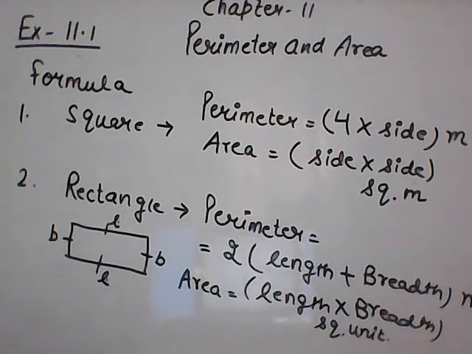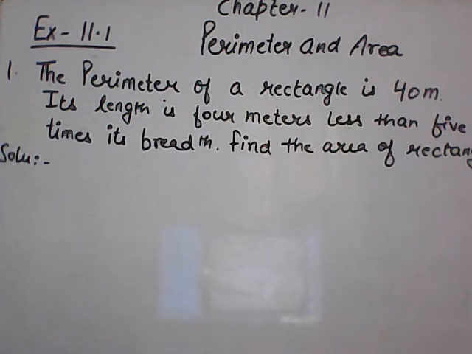Let's start exercise 11.1 with question number 1. In this question, the perimeter of a rectangle is 40 meter. That means perimeter of rectangle is given to you, which is 40 meter. Now we know that the formula of perimeter is 2 into length plus breadth. Its length is 4 meters less than 5 times its breadth.